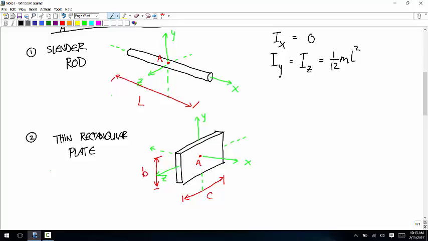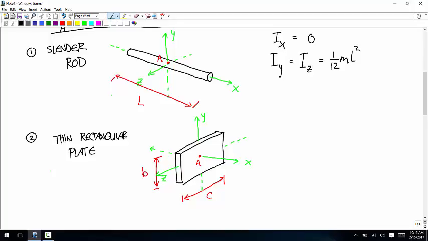And so all of those r squared dm's add up to 0. That's not true in this one. If it's rotating like this about the x-axis, an element of mass dm on the outer edge still has this whole distance r from the x-axis. And so it would have no air resistance, I suppose, but that's different than resistance to rotation.